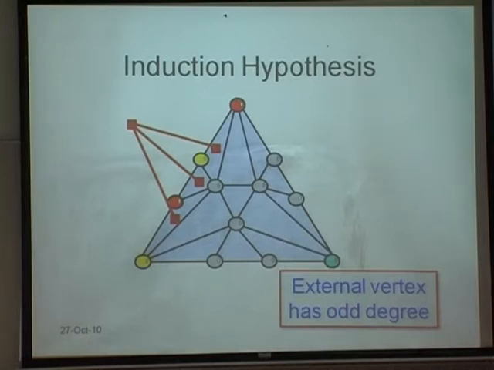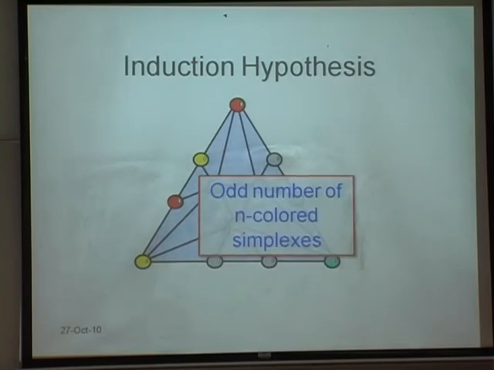So the next observation is I want to show you that the external vertex has odd degree. Okay, no, I know what this says, sorry. So this is the induction hypothesis. No, the slide isn't wrong, it's just badly designed. What I'm saying is that if you look at this face here, this is one of the m sub i, which is colored only with red and yellow.